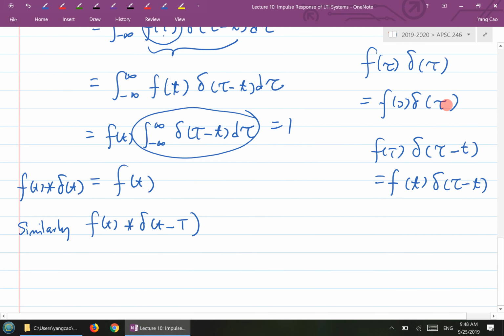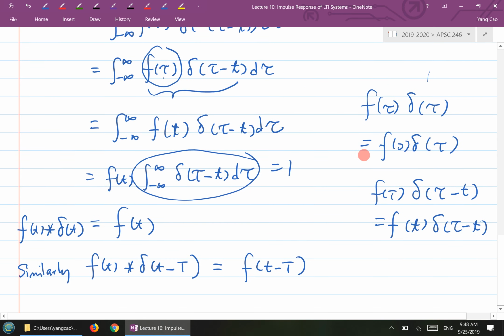Okay, so I want you to try this. If you convolve a function f of t with a shifted impulse function, you should get this: a shifted function f of t. All right, so that's a property here.